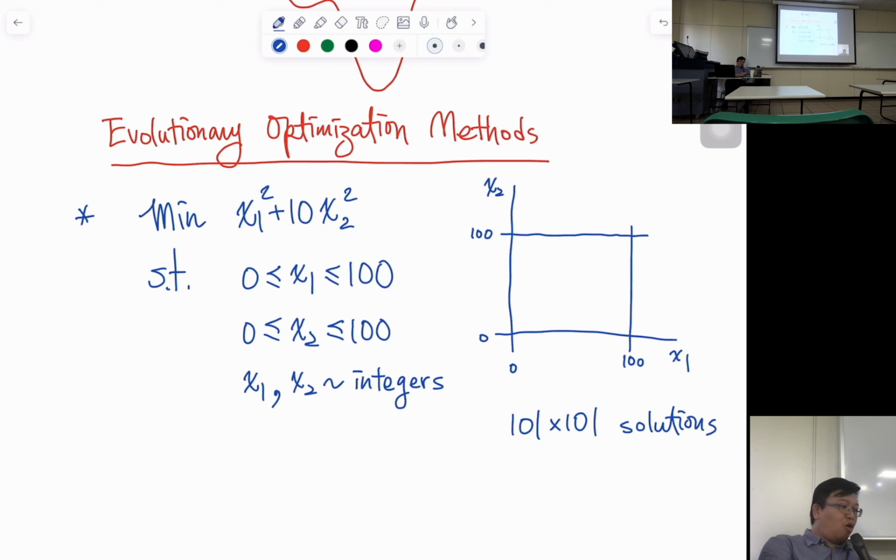So the goal of GA is to try to solve the problem without testing all of it.